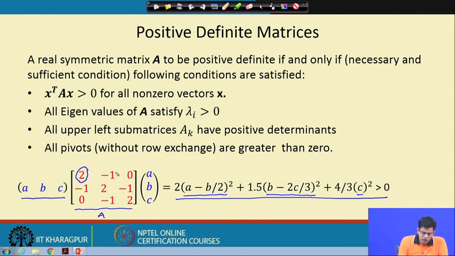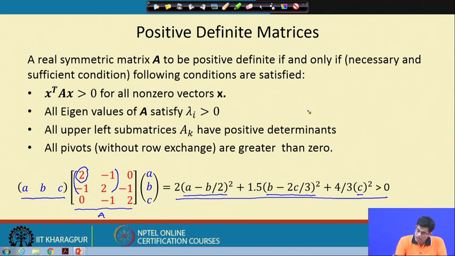The second upper left submatrix is this matrix, whose determinant is 2 into 2 minus minus 1, so 3, again greater than 0. Now, the third upper left submatrix, since the matrix order is n, constitutes the determinant of A itself, which will also be greater than 0.